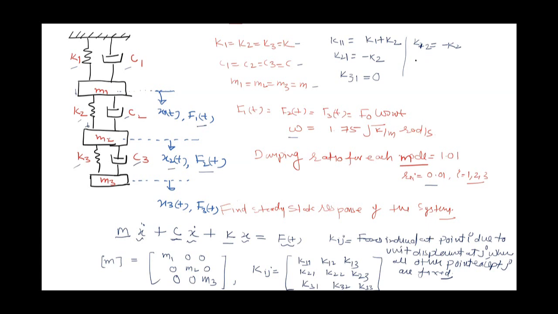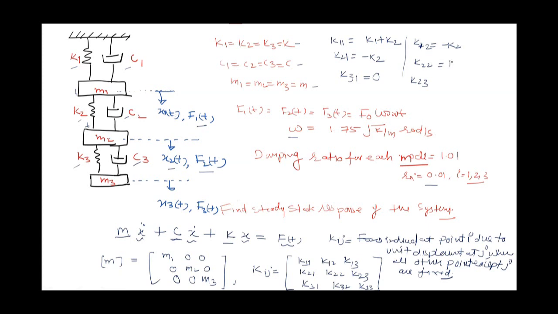And similarly, we can write the other components also, K22, K23. K22 is the force induced at 2 when unit displacement is given at 2 only. So this will experience K2 multiplied by 1, K3 multiplied by 1. So this is K2 plus K3.